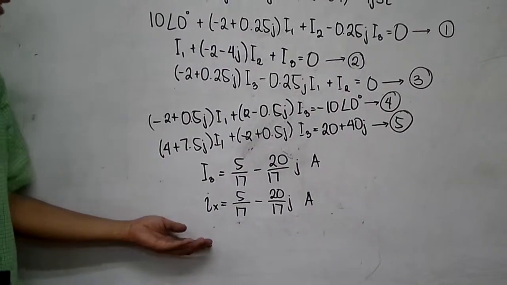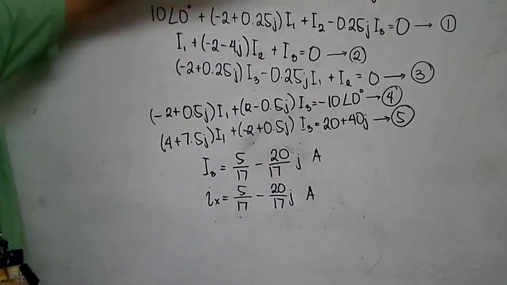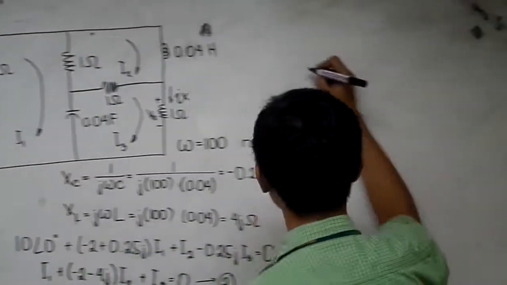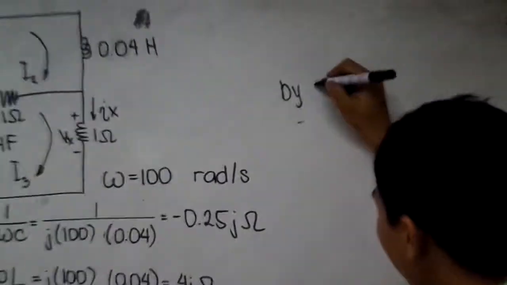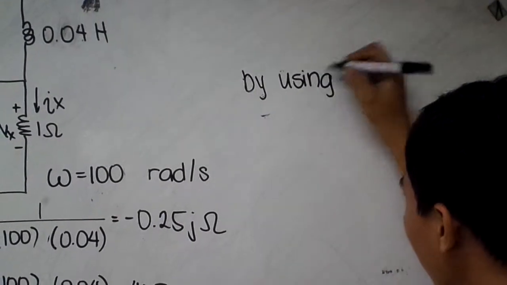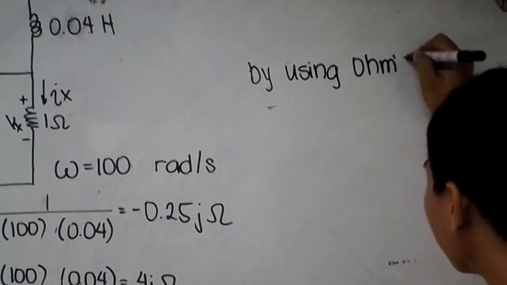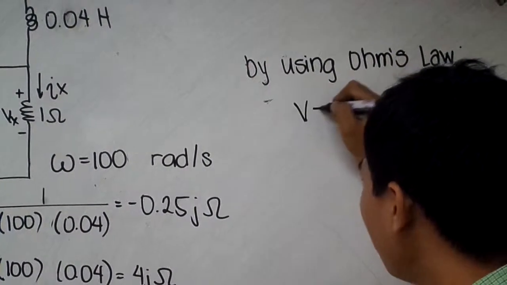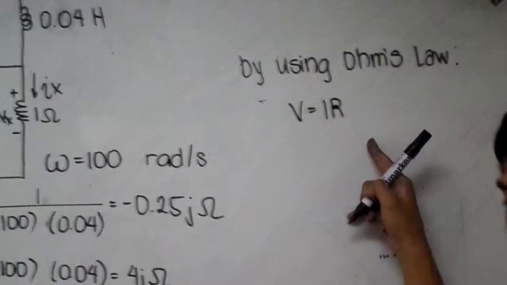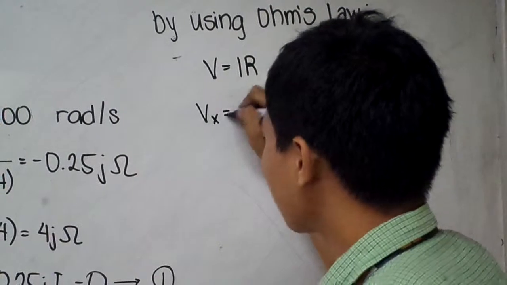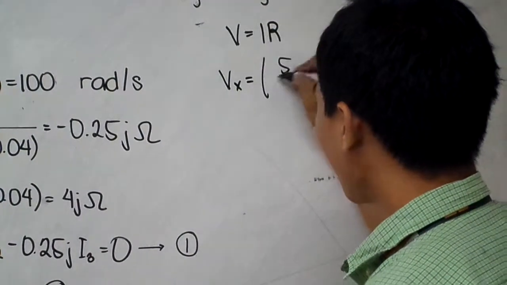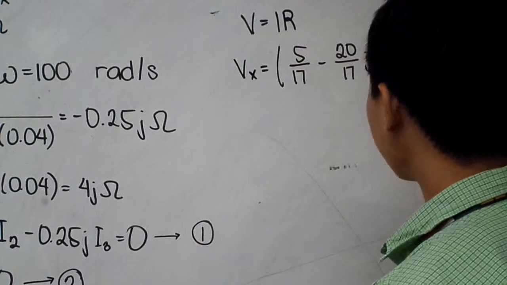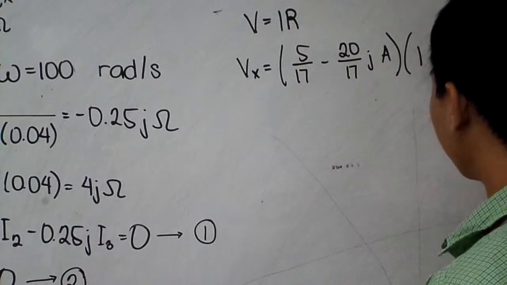Now that we have found Ix, we can use Ohm's law to find the voltage across the 1 ohm resistor at this far end. We will use the formula V is equal to the current times the resistance. That is, the voltage Vx is equal to this current, 5 over 17 minus 20 over 17j amperes, multiplied by the 1 ohm resistor.